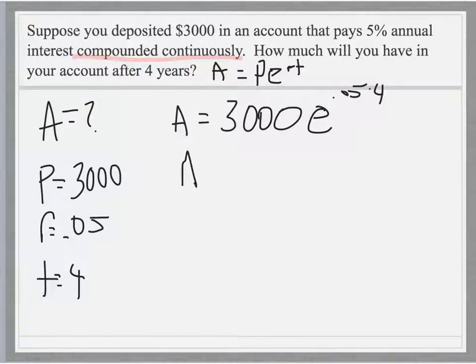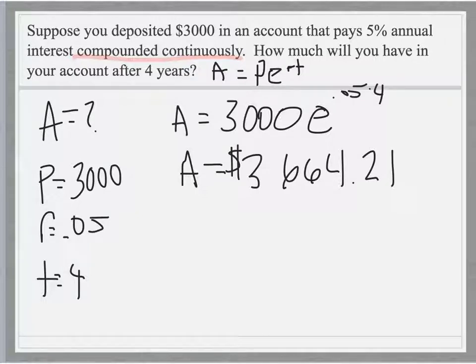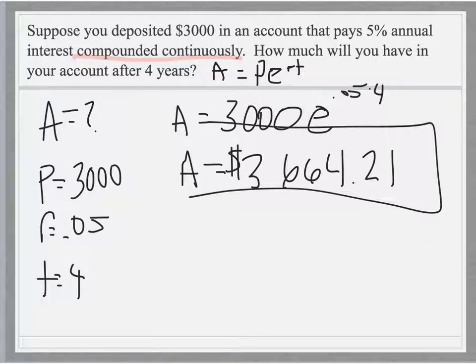So we get A equal to 3,000 times e to the 0.05 times 4, which gives me 3,664.21. And it makes sense, we got more money. That's what we're aiming for when we're putting our money into an account, okay? We got more money, so we know it's reasonable. There's our answer.